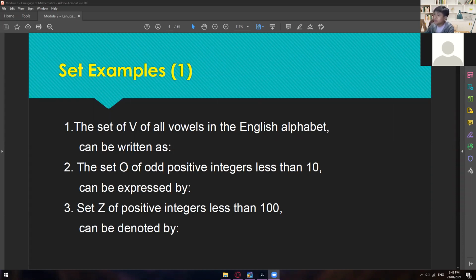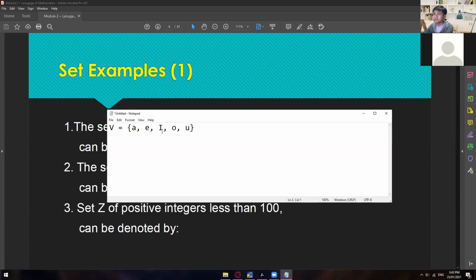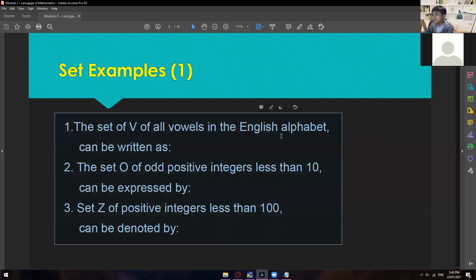V is equal to A, E, I, O, U. So here's his answer: A, E, I, O. These are the English vowels.